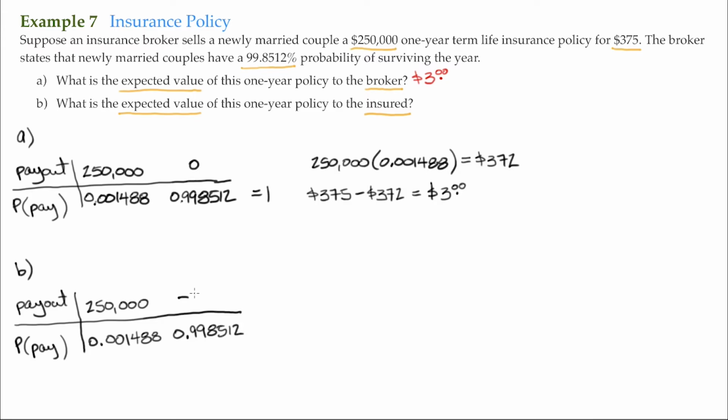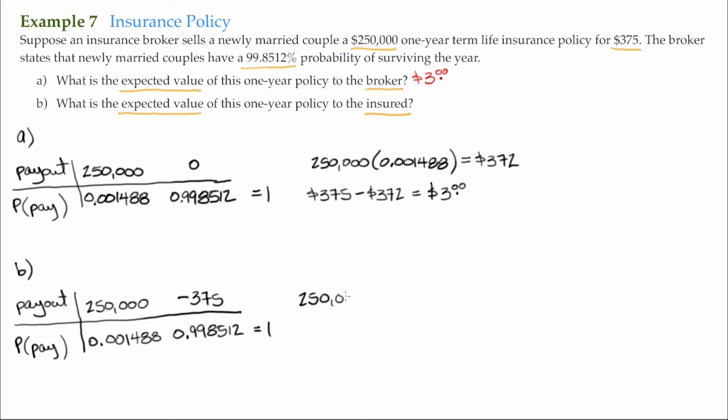They just spent $375. So they're going to be out $375. And again, don't forget, the probabilities have got to total up to 1. So this table here represents the expected value to the broker, and this table here represents the expected value to the insured.